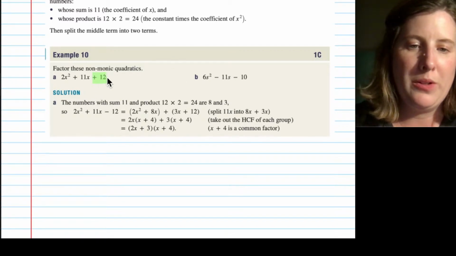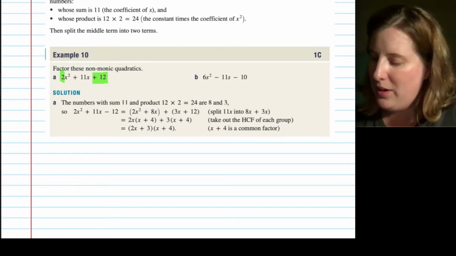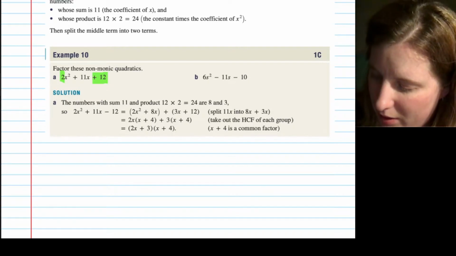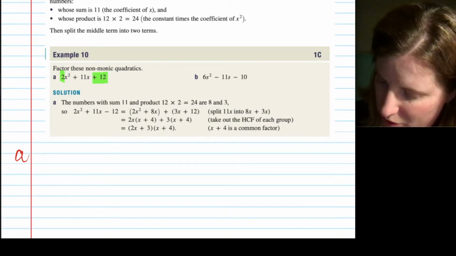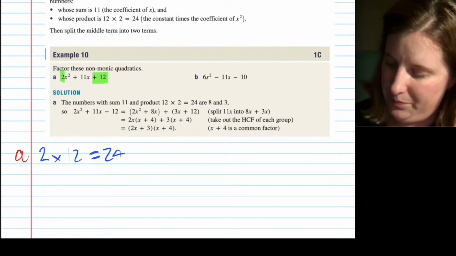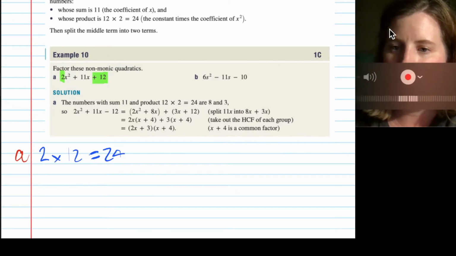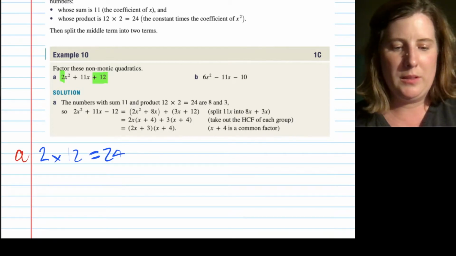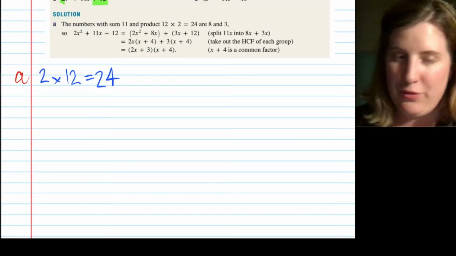So we've got positive 12 and 2. What's 2 times 12? 2 times 12 is 24. Yes, 2 times 12 is 24.